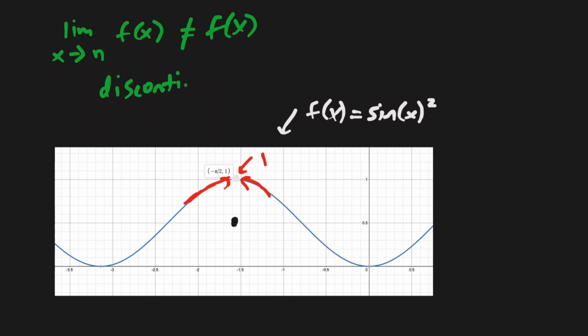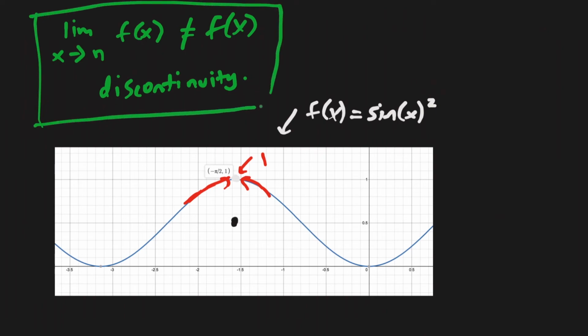I don't know how to spell this, discontinuity. So this is a general rule of thumb. If you see on a question where the limit as x approaches a value for the function is not equal to the actual function value itself, then we have a discontinuity. And we saw that in this example when we had a removable discontinuity right over there.